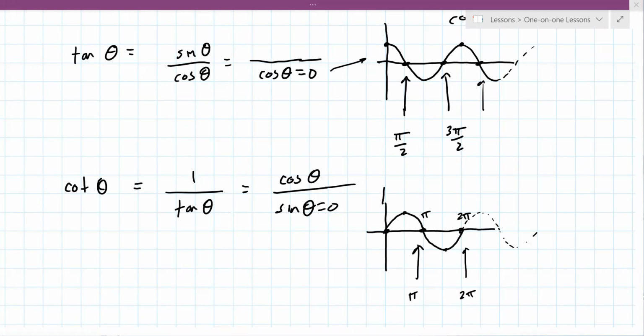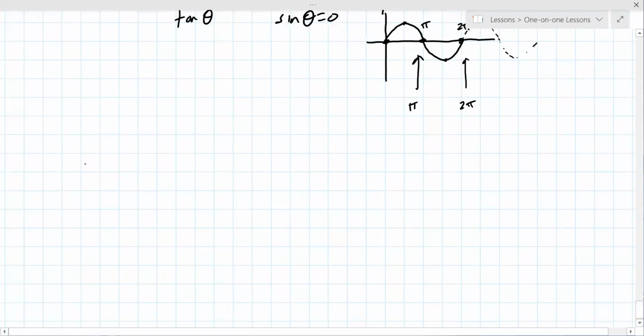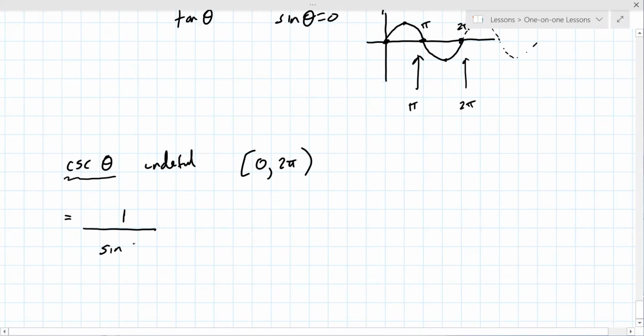Since these are the same, if I ask where cosecant of theta is undefined on 0 to 2 pi, cosecant is really which trig function? Sine, 1 over sine. So I'm really asking where sine theta equals 0.